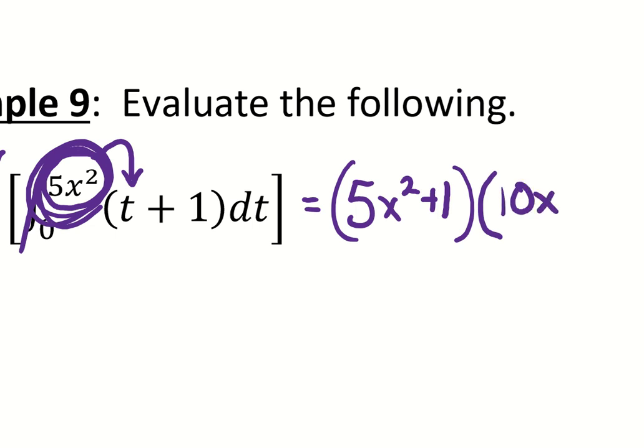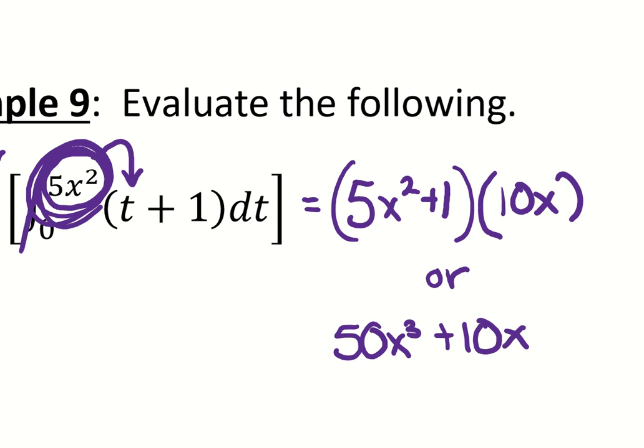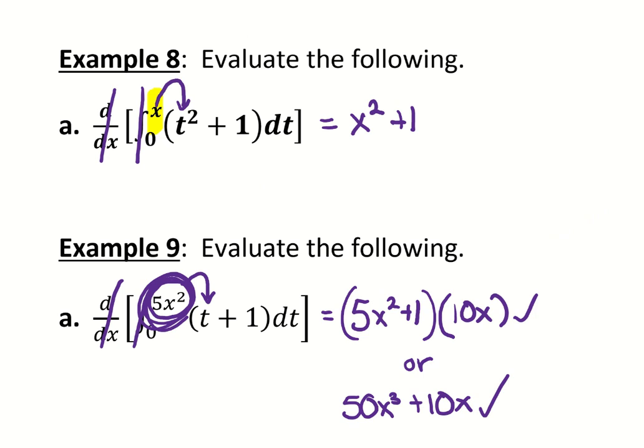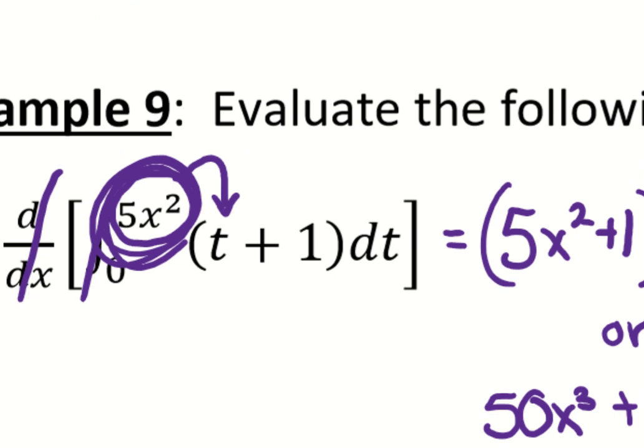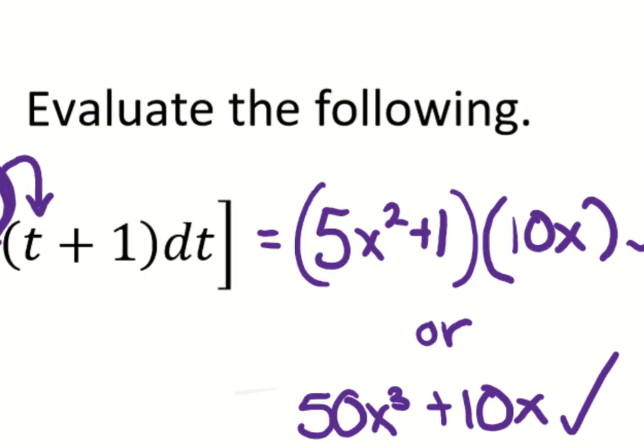It's 10x, and that's going to be your answer. You also have the option of distributing, so 50x cubed plus 10x is also sufficient. They're both the same thing. So remember, if you have just a plain x at the top of your integral, replace the t. And if you have more than just a plain x, don't forget the chain rule and multiply by its derivative.